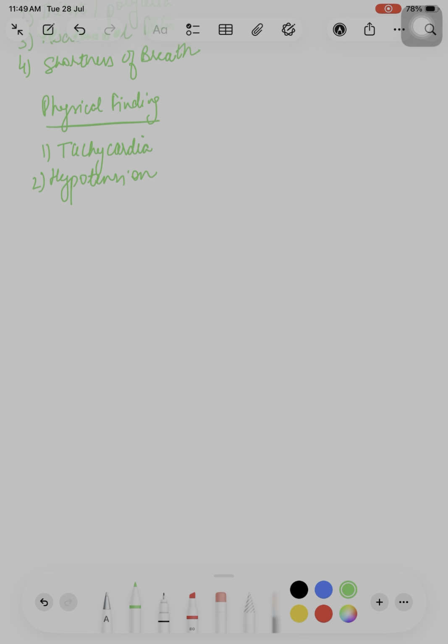Third, an important one for MCQs also, Kussmaul's respiration, and fruity odor on the patient's breath. These are the classical signs of diabetic ketoacidosis. Next is abdominal tenderness, which may resemble acute pancreatitis or a surgical abdomen.